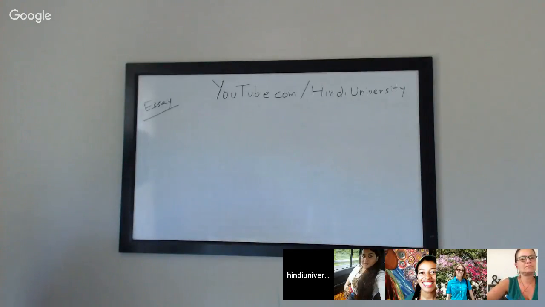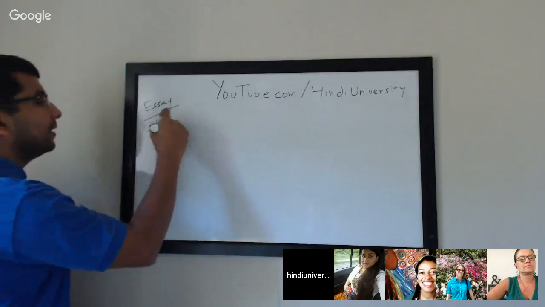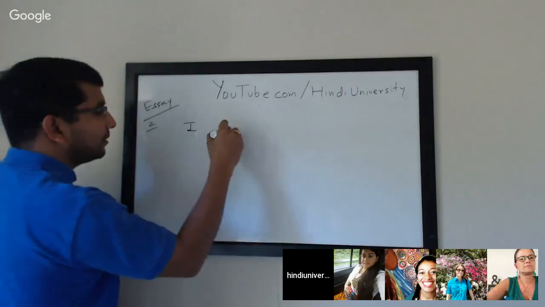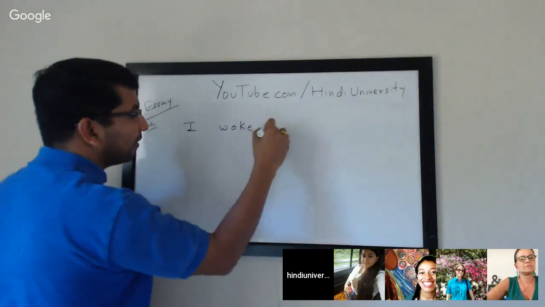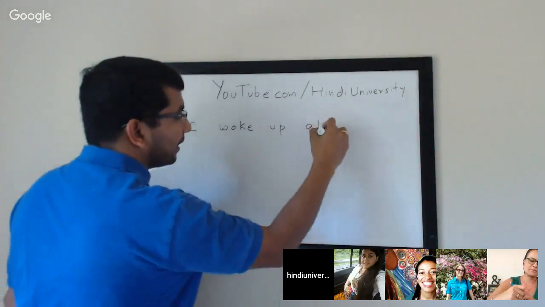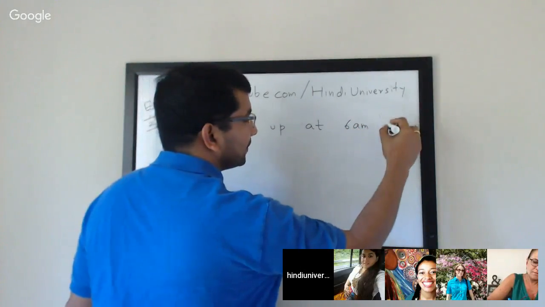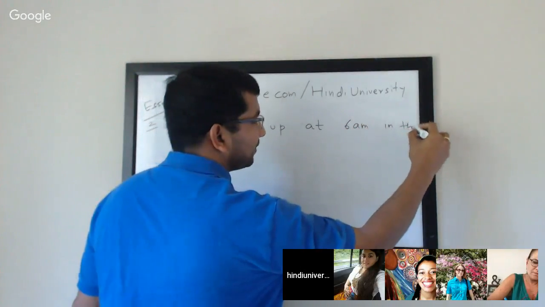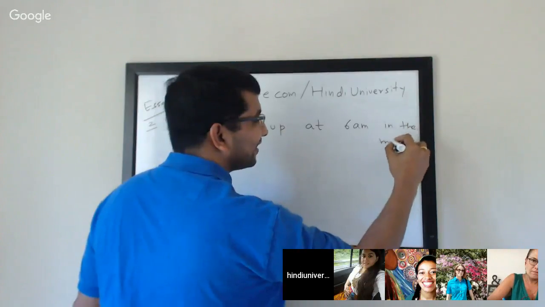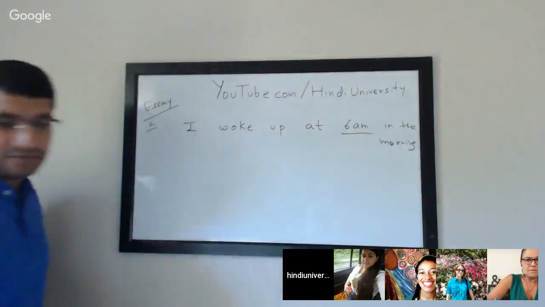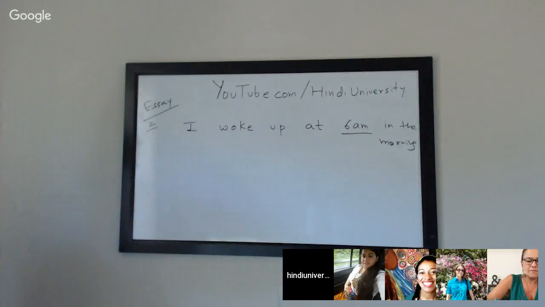Okay. The second one I have is, I woke up at 6 a.m. I'll just overdo it in the morning. When you say 6 a.m., it's morning, but I just want to make it a little tricky. So I woke up at 6 a.m. in the morning.